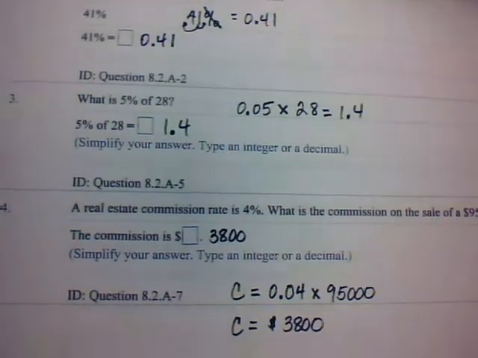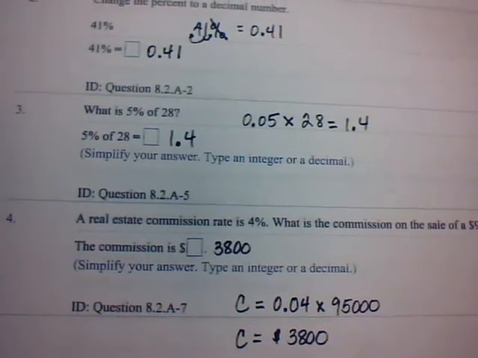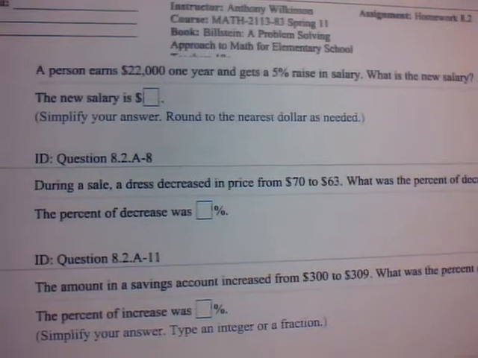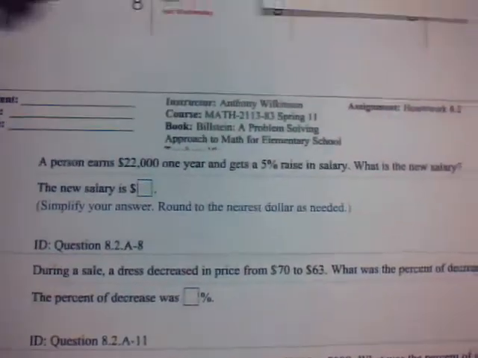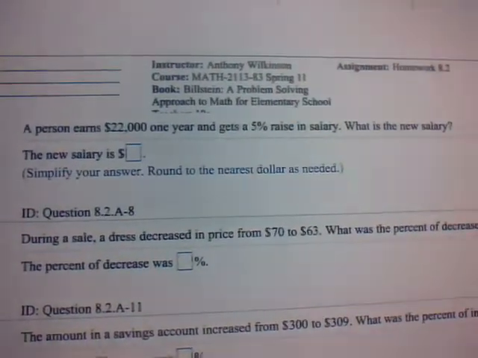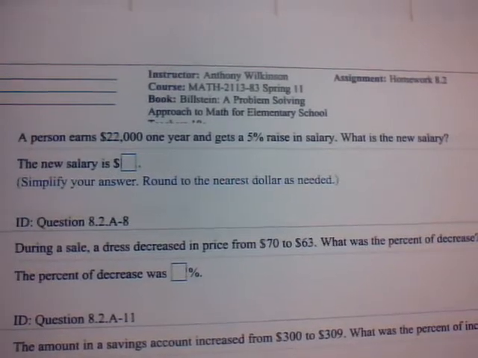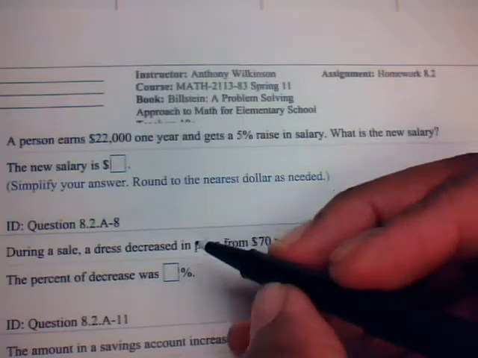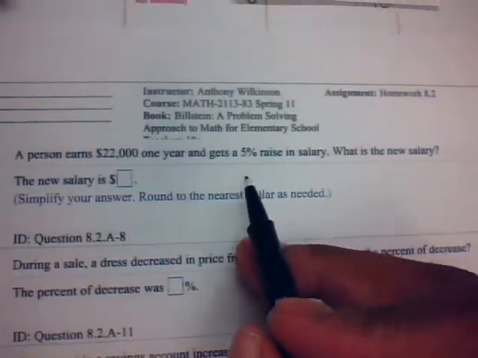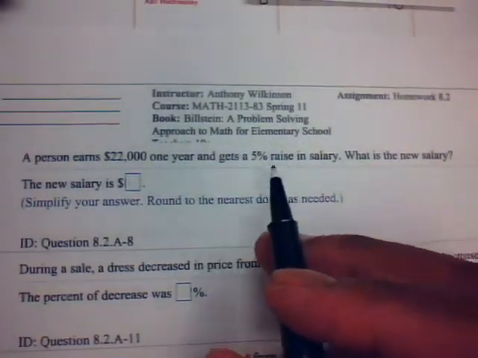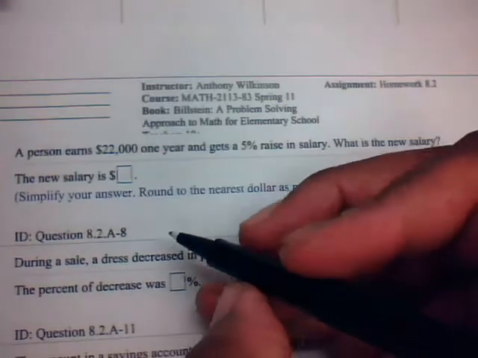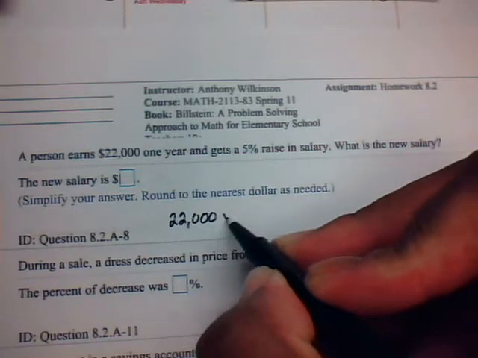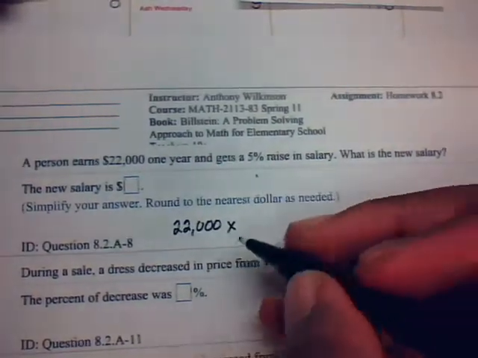Okay, on to the next problem, which will be number 5. Let's say a person earns $22,000 one year and gets a 5% raise in salary. What is the new salary? First, we need to find the amount of that raise by doing 22,000 times 5%.